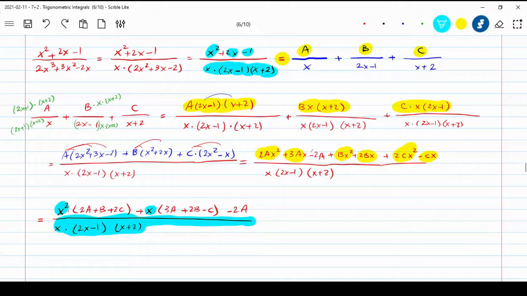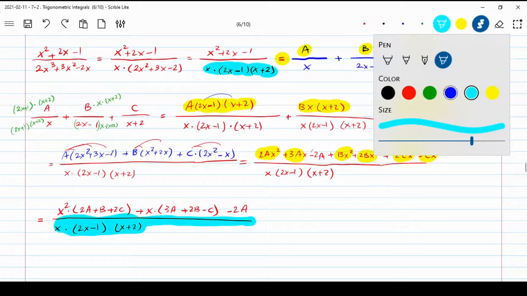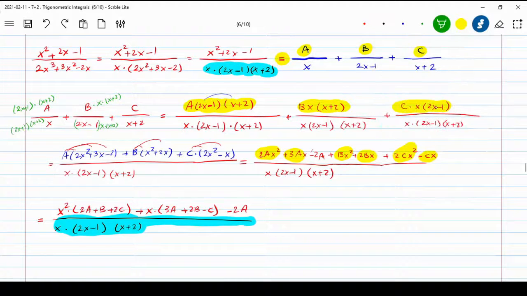So let's go through one at a time. I'm going to start with the simple one. Let me highlight it maybe with a different color if possible. This term, negative 2a. It's supposed to be exactly the same as that constant, negative 1. So what do I get?